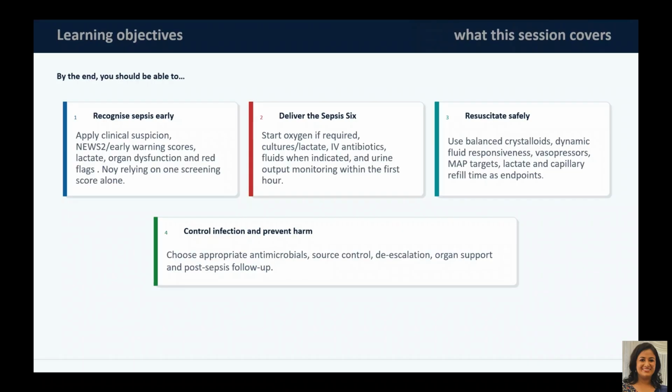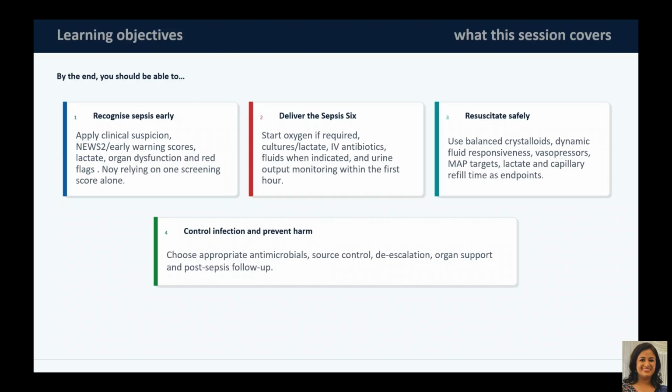So at the end of the lecture, I think we will have an idea about recognizing sepsis early. Here we are going to assess the patient clinically as well as use the new scoring systems like NEWS, that is early warning scores.